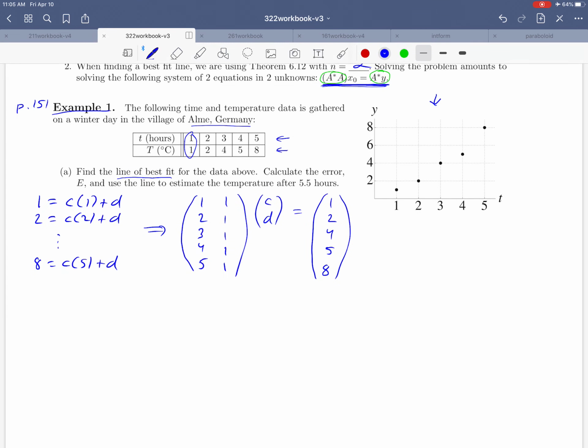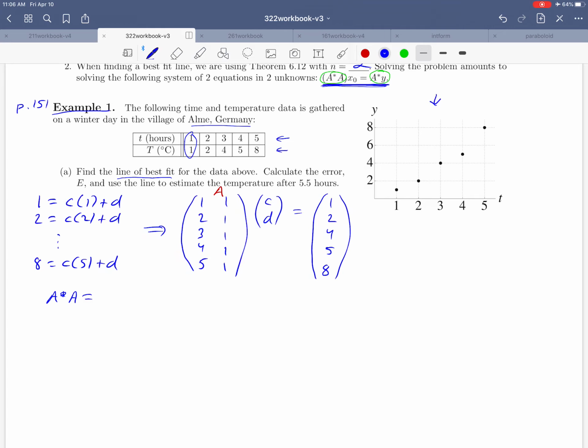All right, so let's start with A star A. A star is just the conjugate transpose of A, and A is the matrix that's sitting here. So we need to transpose that matrix and take complex conjugates, but in our case, all of the numbers are real, so taking complex conjugates doesn't change anything.